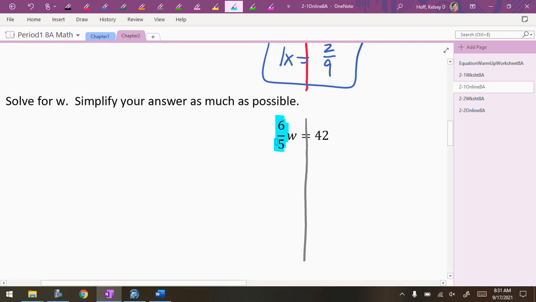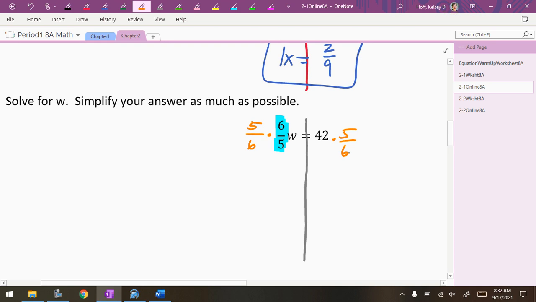How do I get rid of a fraction coefficient? What did we do yesterday to get rid of the fraction coefficient? Keep, change, flip. So what am I going to multiply by? Flip your fraction. Very good. We're going to make the reciprocal, and we're going to multiply by 5 over 6.